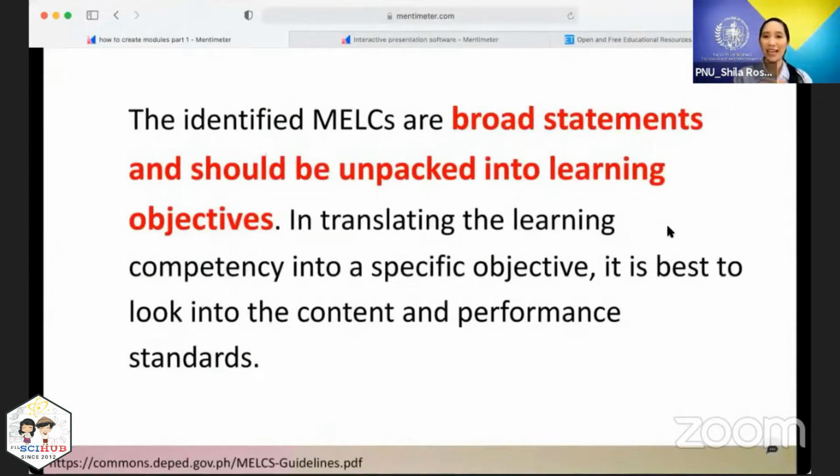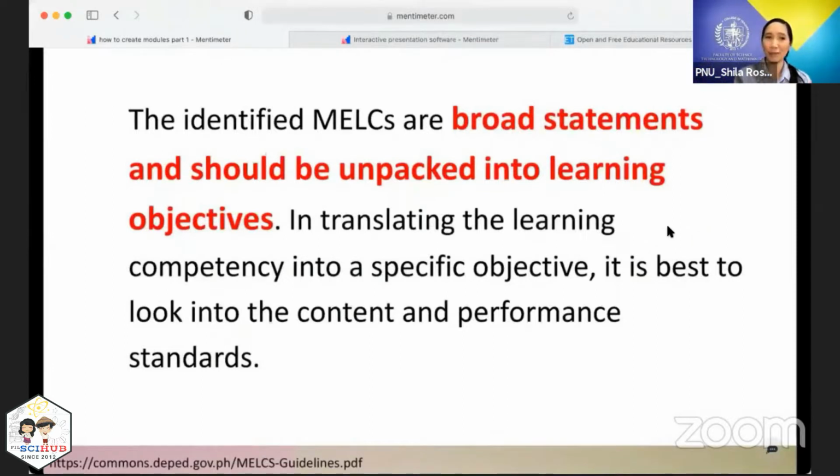I'm still at the first element. Objectives has to be anchored on the MELCs. And then these MELCs are broad statements that should be unpacked into learning objectives. So it seems the MELCs are few, but when it comes to the module, it looks like a lot again because we have to unpack them.